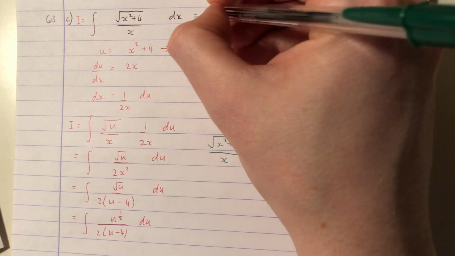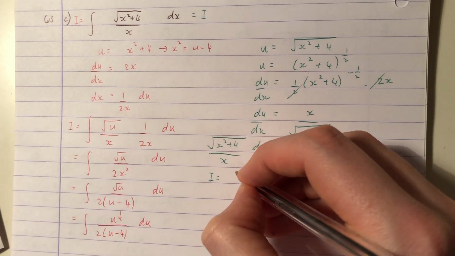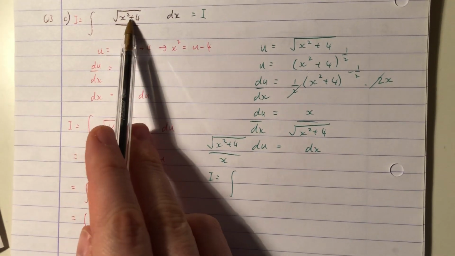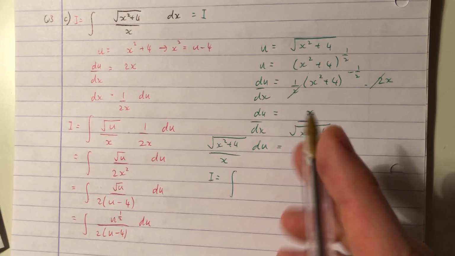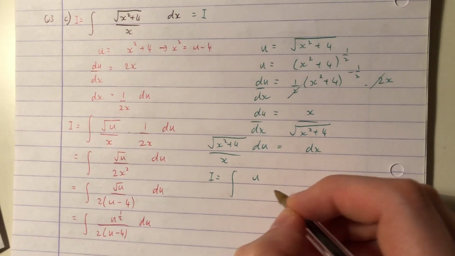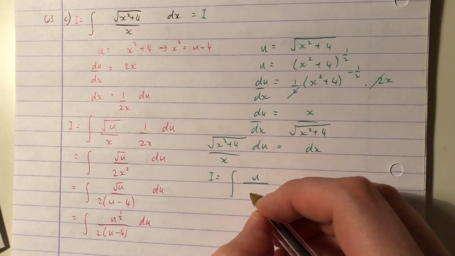Okay, call that integral I again. I is equal to the integral of root x squared plus 4, which I'm calling u, over x.